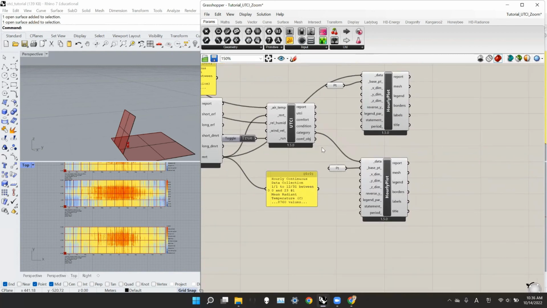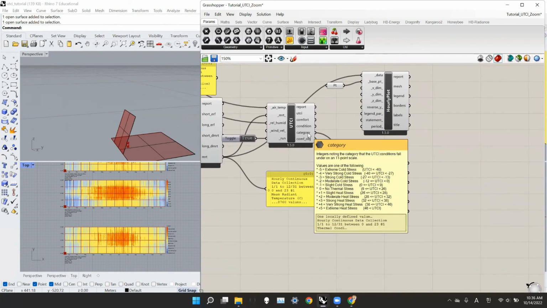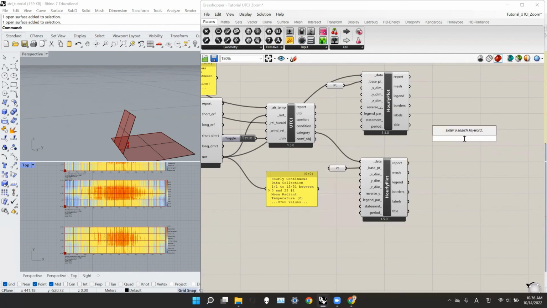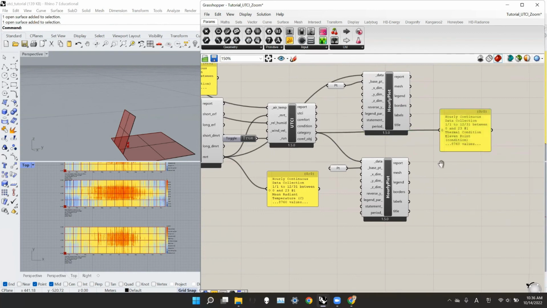So I think there is a way to count the hours of the categories. I don't know why it doesn't have all the detailed values.